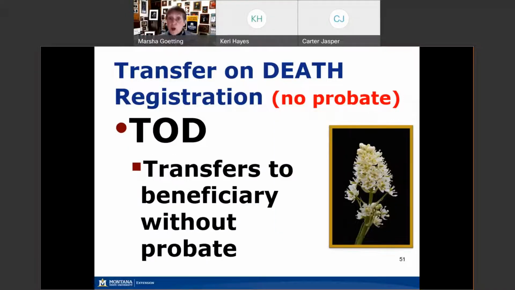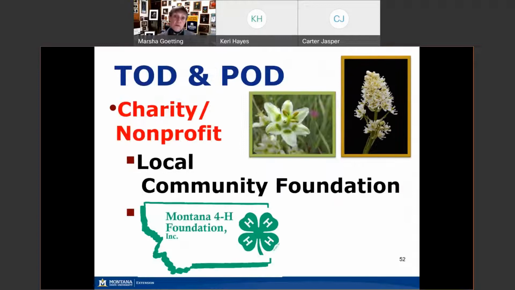But regardless, with a transfer on death registration, you can make sure that that goes to whoever you've selected, and then there's no probate. And of course, the other thing you can do with your TODs and PODs is decide on a local community foundation.